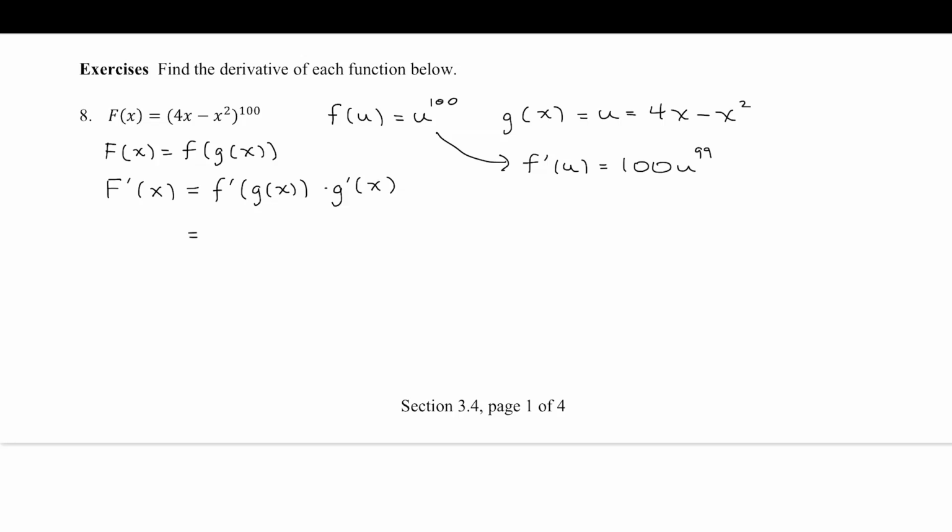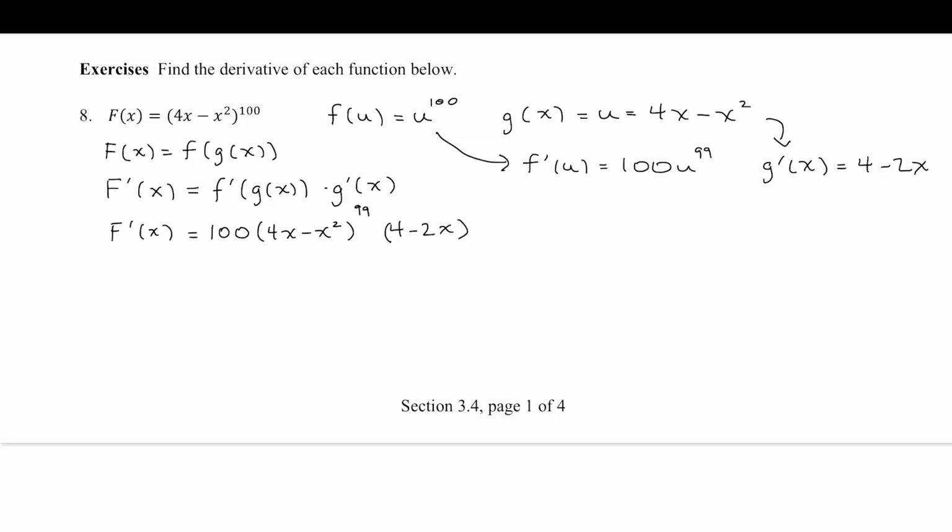So now we want to substitute in for u its equivalent g of x. So f prime of g of x will be 100 times 4x minus x squared all to the 99th power, and then we multiply that by the derivative of g. So if g of x is 4x minus x squared, then g prime of x is 4 minus 2x. So that's going to be the derivative.